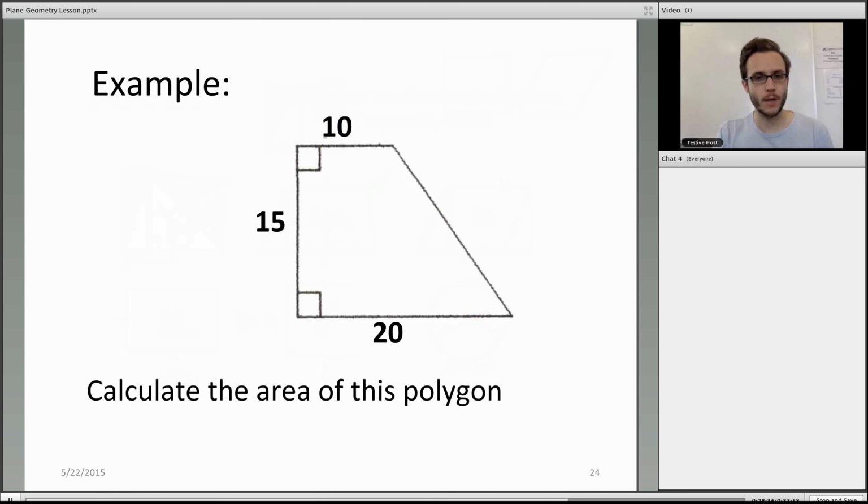Okay, so let's try to calculate the area of this polygon here. So first thing that we're going to do is ask ourselves, what kind of a shape is this? I look at this and I think, well, I know it's a trapezoid because it has 4 sides, 2 parallel sides and 2 sides that are not parallel.